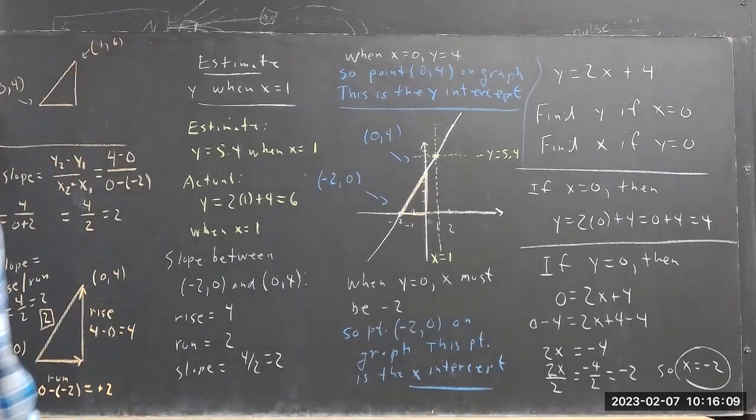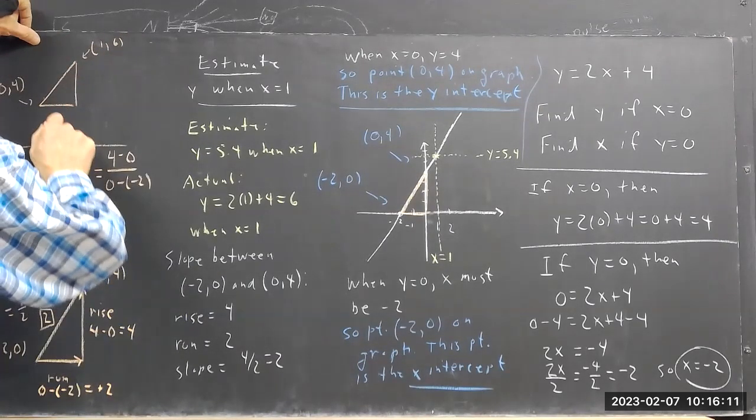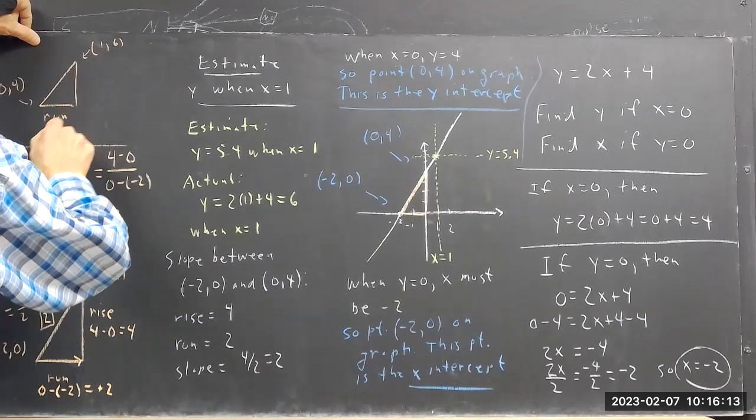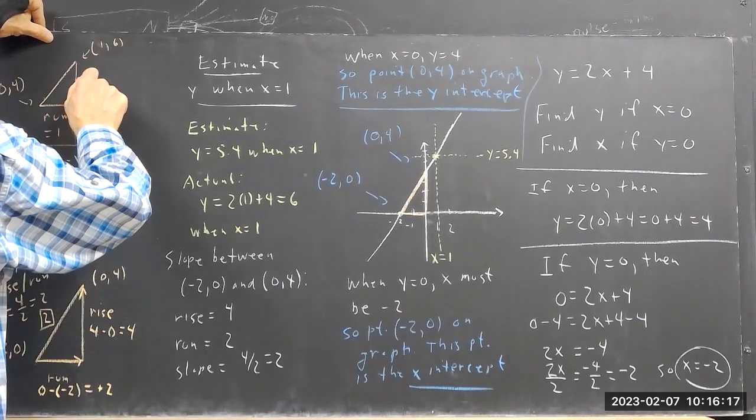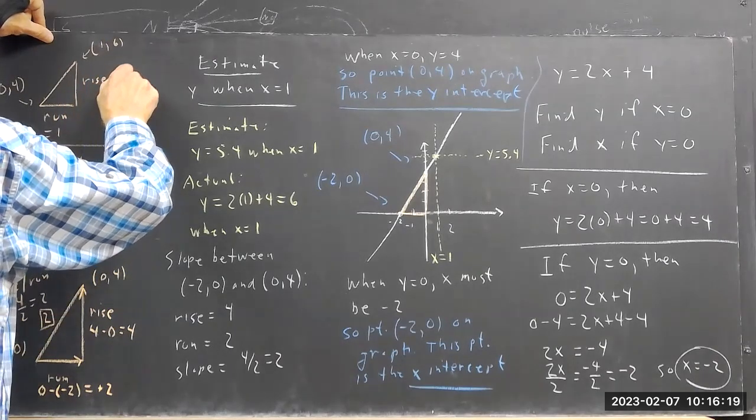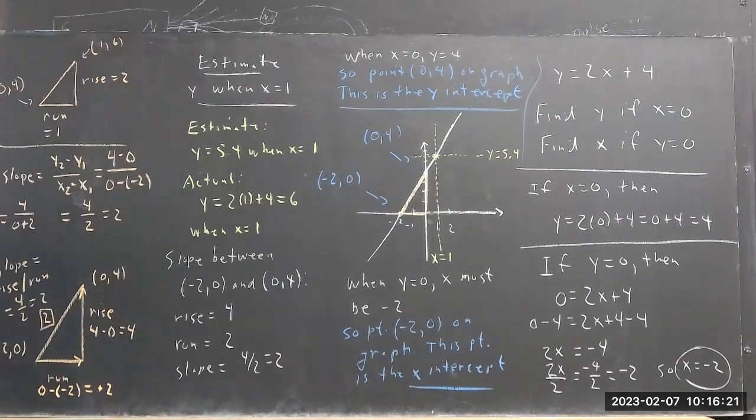The run goes from 0 to 1. The run is 1. From 4 up to 6, the rise is 2. Slope is rise divided by run, 2/1, that's 2, right?